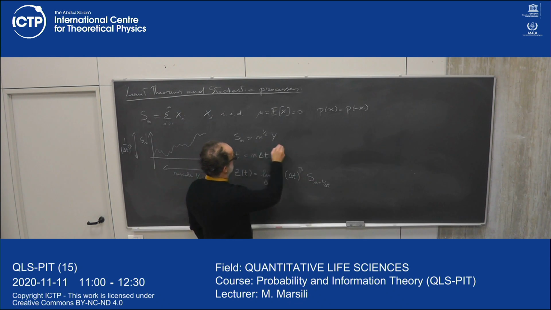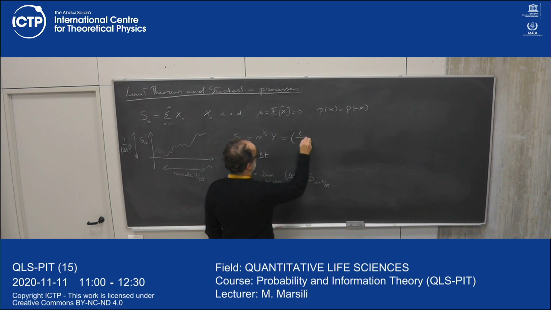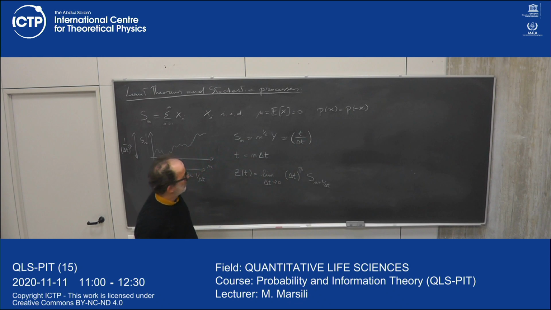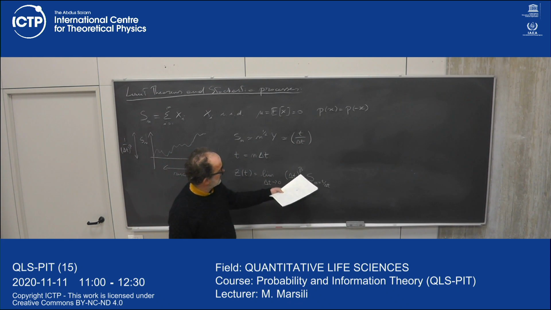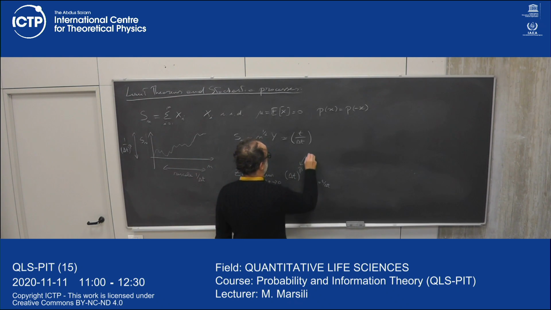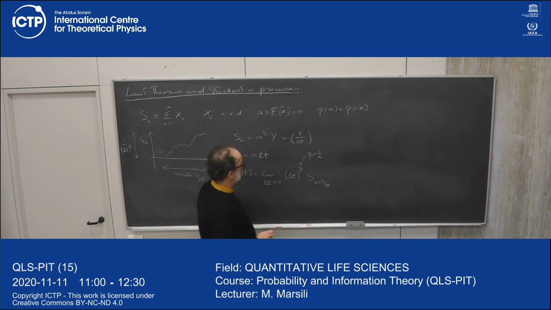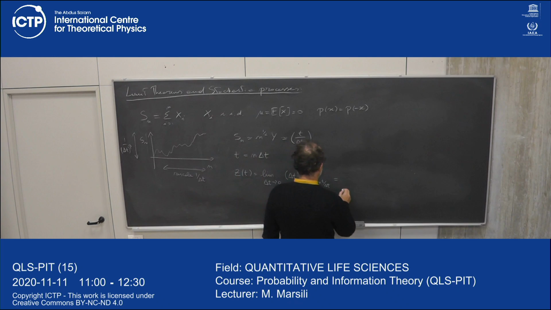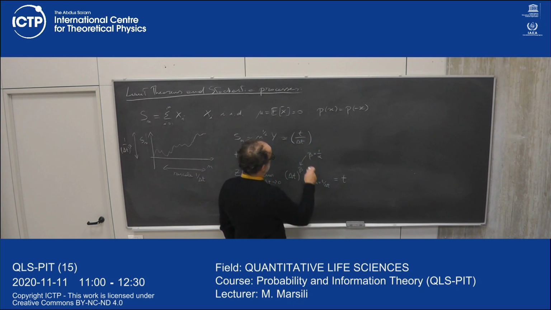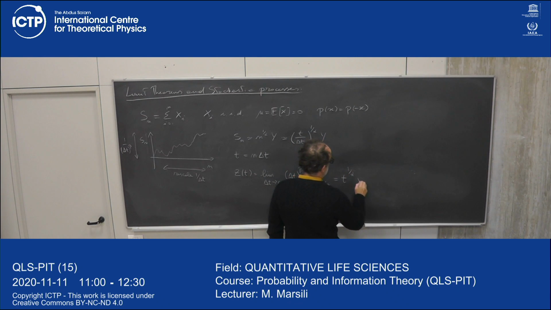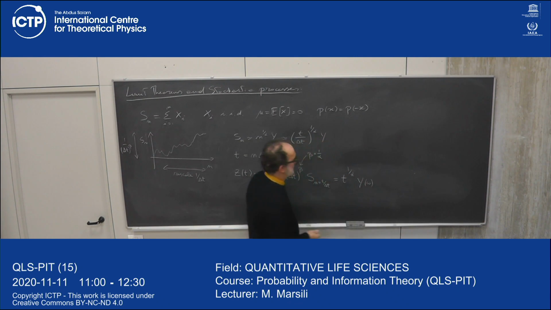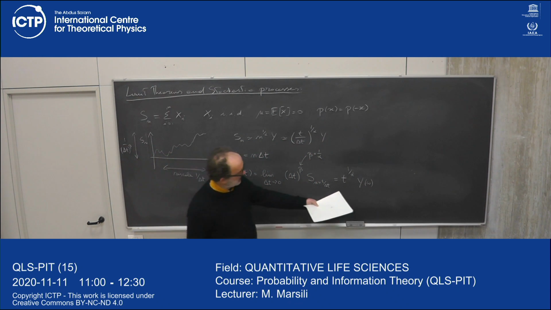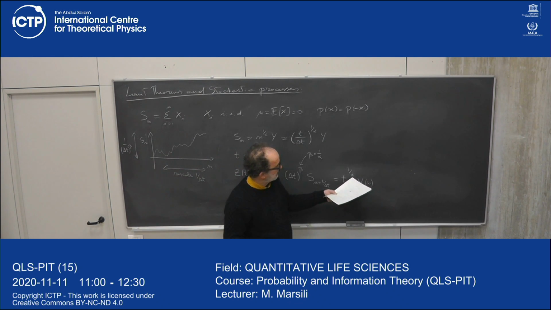Because n is of order t divided by dt, you see that if you take beta equal to 1 over alpha, you get a finite limit, and this finite limit will be of the form t to the 1 over alpha times a random variable which has a universal distribution, which is either a Gaussian if alpha is equal to 2, or is a Levy distribution if alpha is between 0 and 2. Okay.